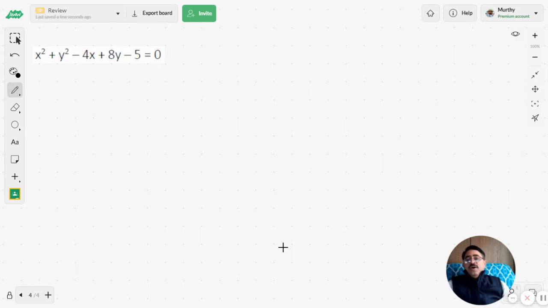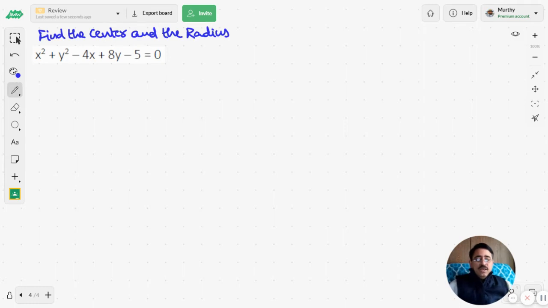Well, you're asked to find the center and the radius of the given equation. So first of all, this is in the general form, but this is not in the standard form.